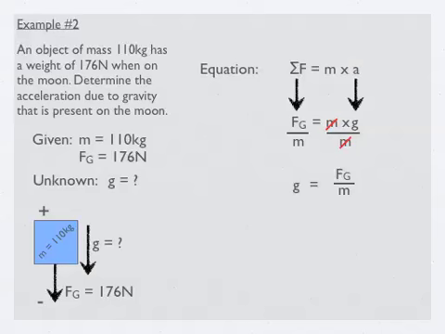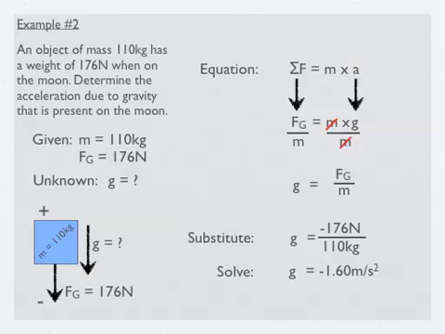We can plug in our Fg and our m. Again, I have negative 176 newtons that I'm plugging in because my force due to gravity is in the negative direction. Again, force is a vector quantity, so it must have both magnitude and direction. So I take that, I can reduce, and it will give me negative 1.60 meters per second squared.